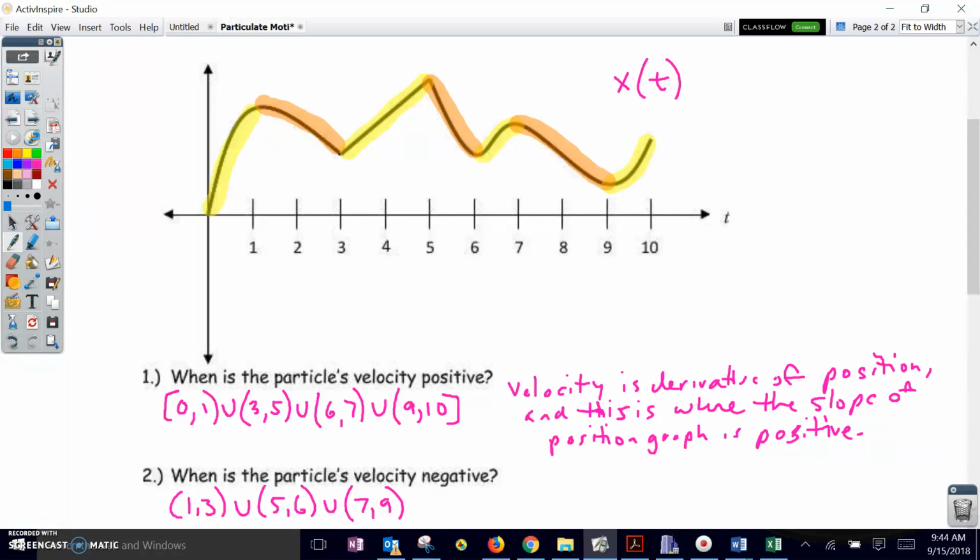And so here we go again. Velocity is the derivative of position, and this is where the slope is negative.